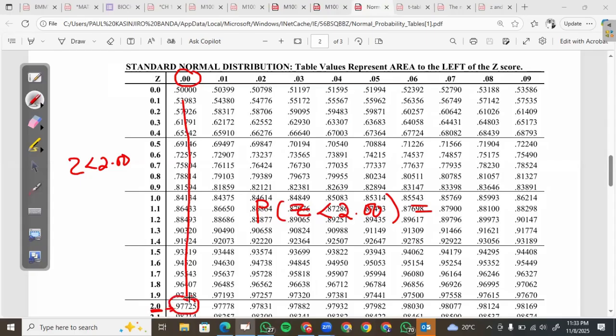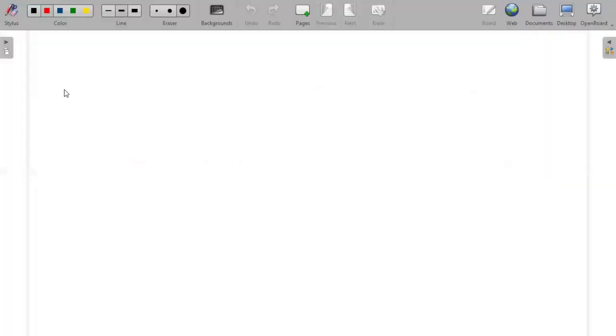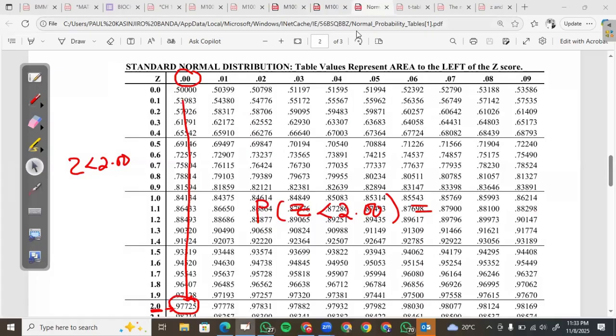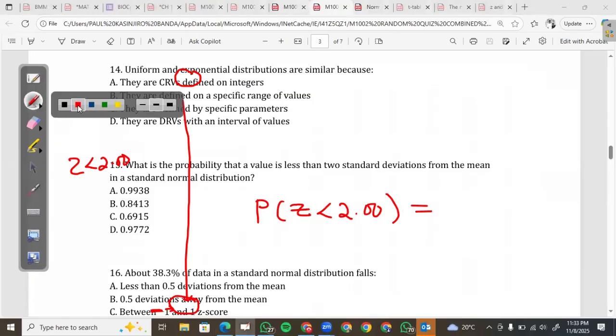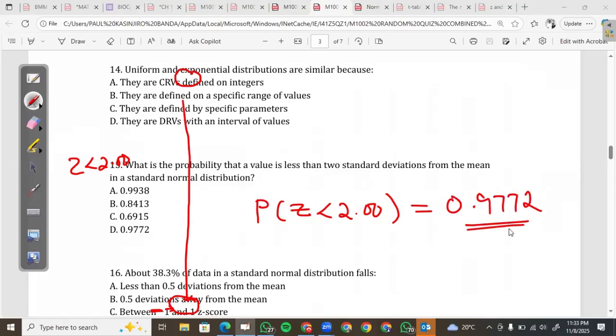So that is the answer: 0.9772. You check your options, and you see it on D. The key here is to understand what this statement means. If we understand that, then we're good.